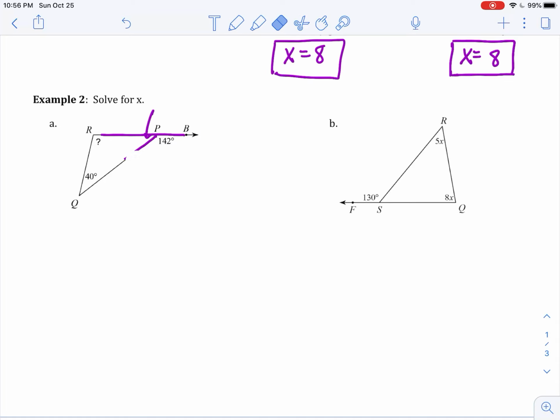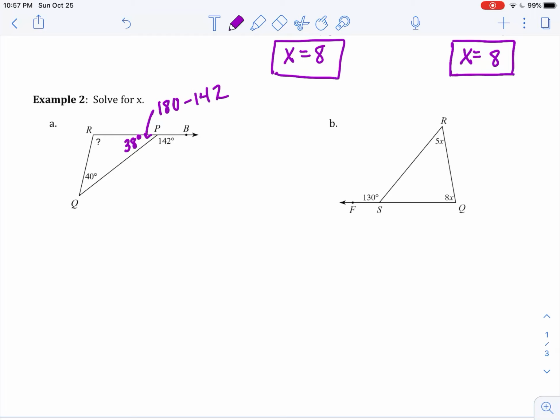And so you can use your linear pair to figure out that the missing angle inside of the triangle is 180 minus 142. Because remember, linear pairs also make 180 degrees. 180 degrees is kind of a big deal in geometry. It happens a couple of times. All right, so that missing angle there is actually 38 degrees. And we used our linear pair to figure out one of our missing angles inside of our triangle.